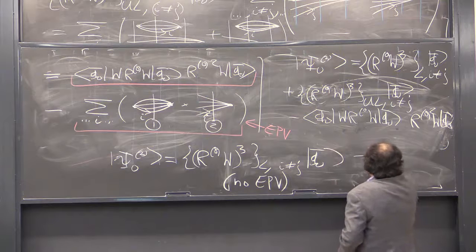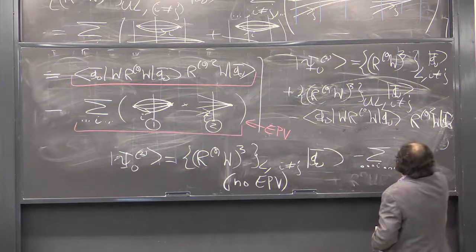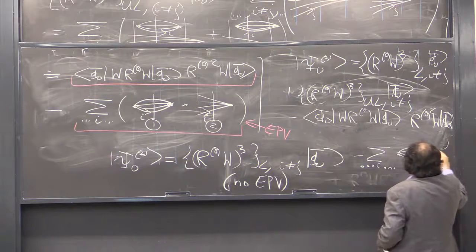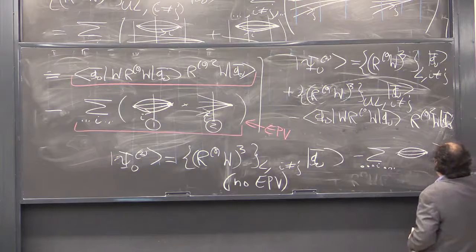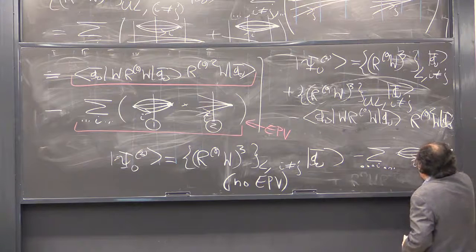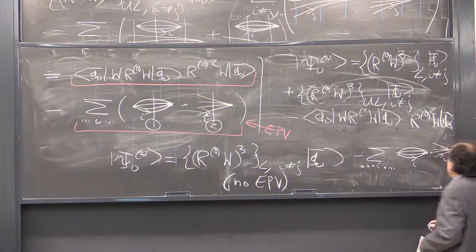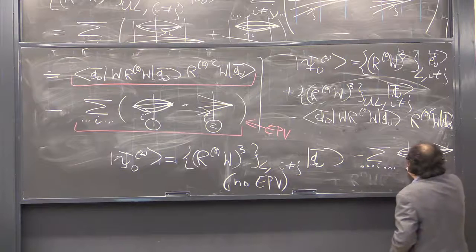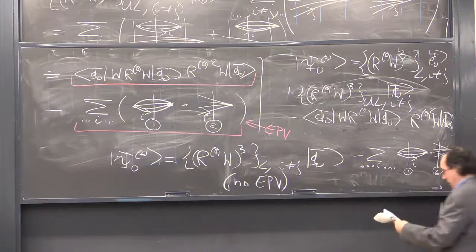It's going to be a summation over I, the product of the vacuum and wave function pieces, where I here and I here are the same. So here still resolving the first power, resolving the second power.